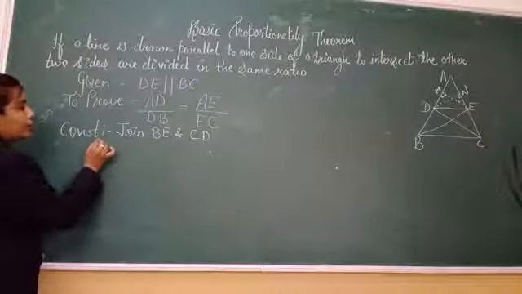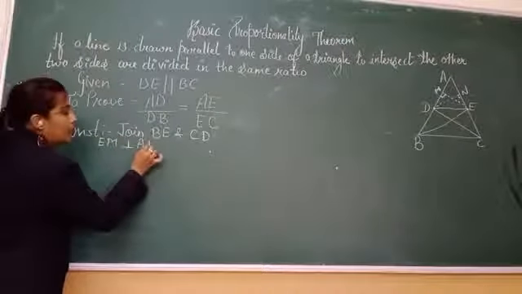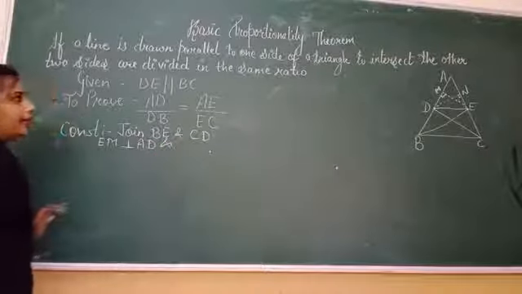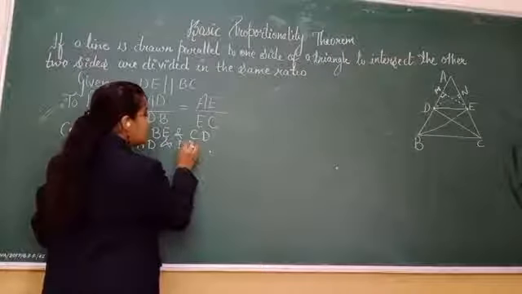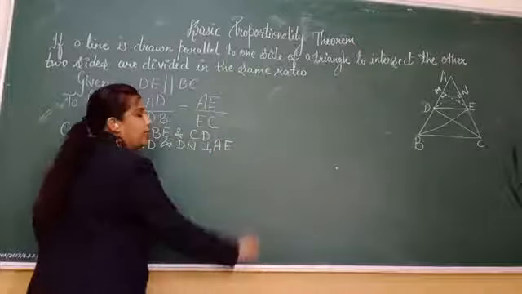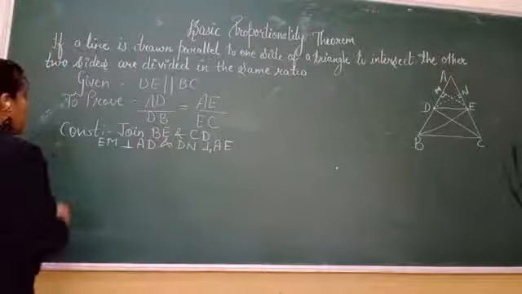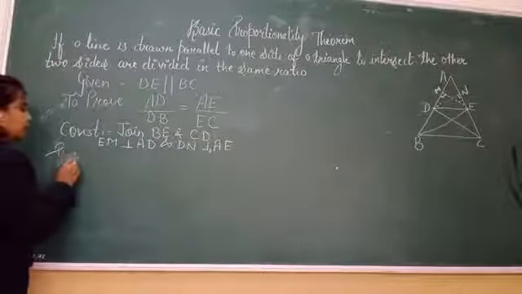Also we have drawn EN perpendicular on AD and DN perpendicular on AE. This is our construction. Now see how to prove it.